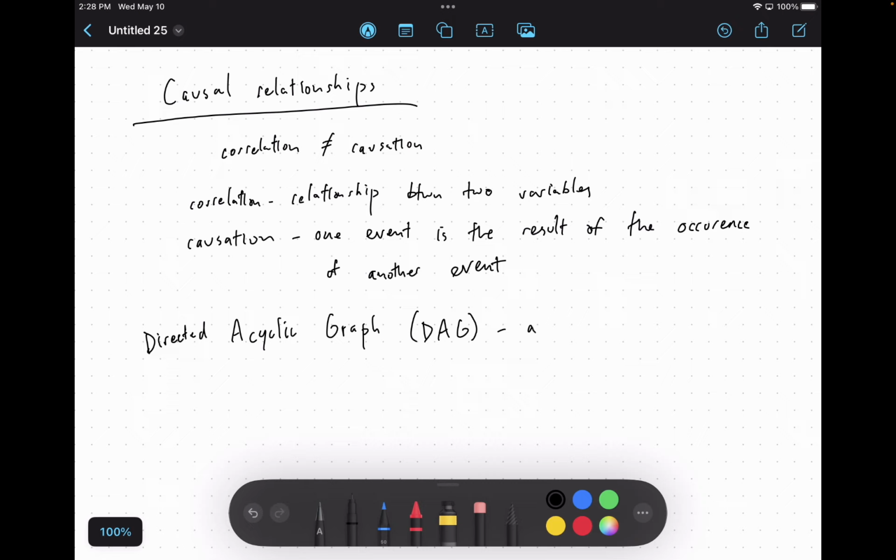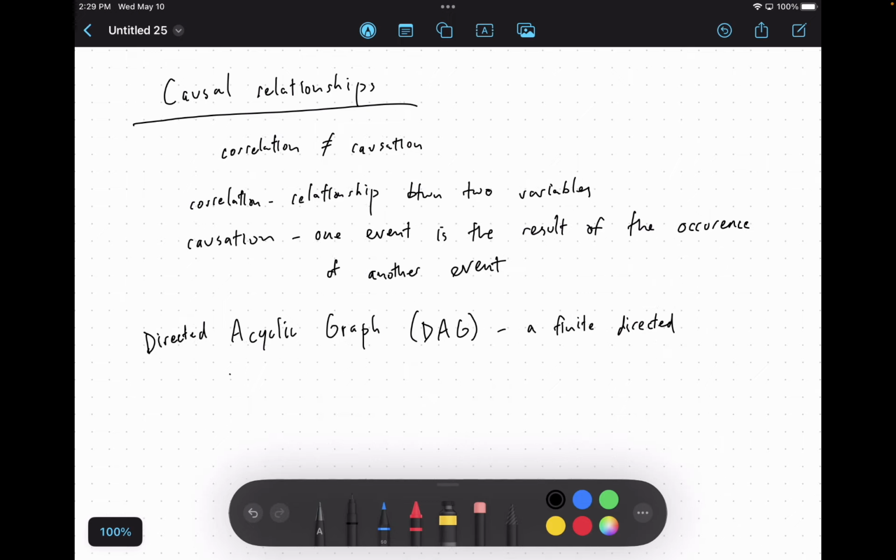This is a finite directed graph with no directed cycles, and that just means it can't loop.